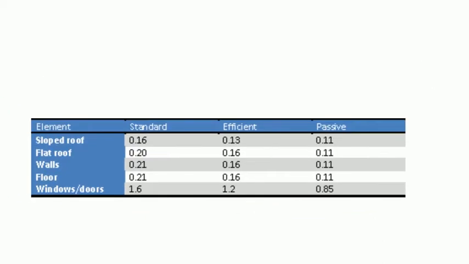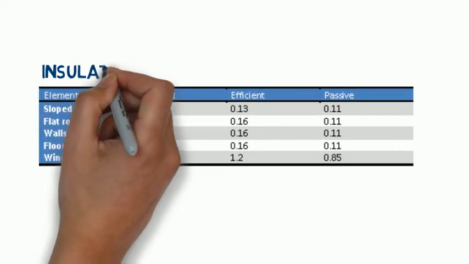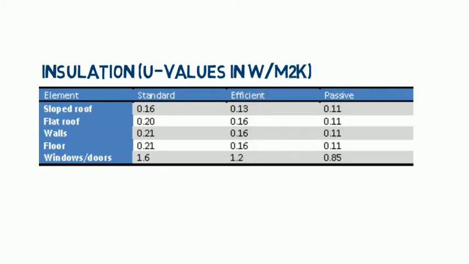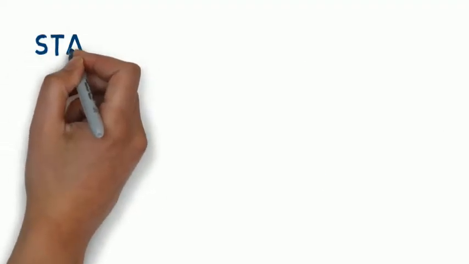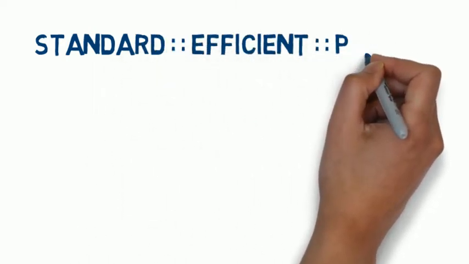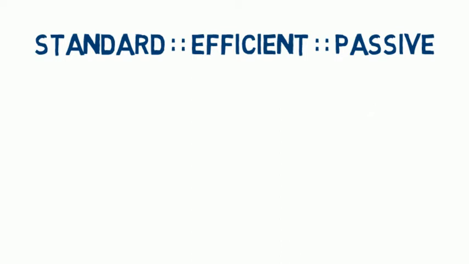We illustrate the difference in the 3 levels of efficiency in the table below, taking in this case only insulation and window performance for the purpose of illustration. As you move from Standard through Efficient to Passive House, the U values improve considerably. The uBuildPRO system models other key factors described earlier in a similar way, according to these 3 grades.